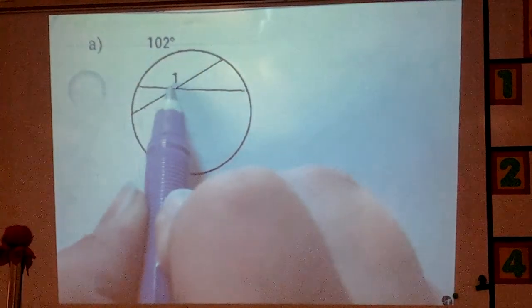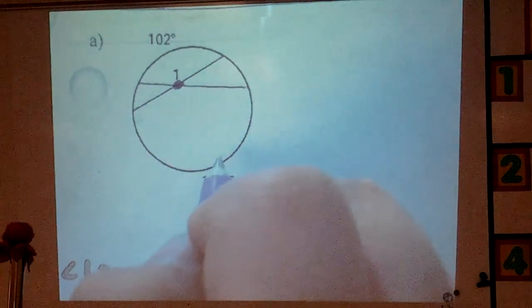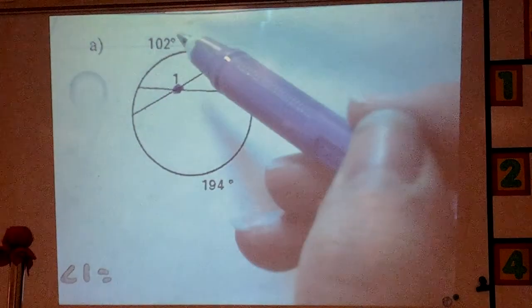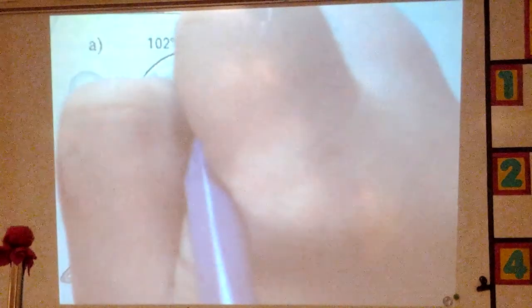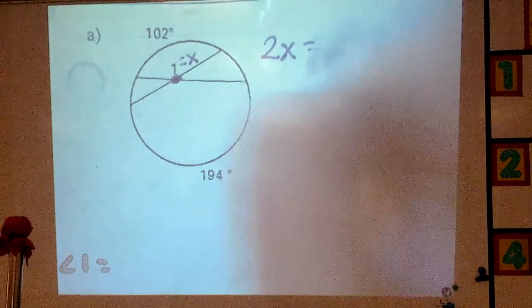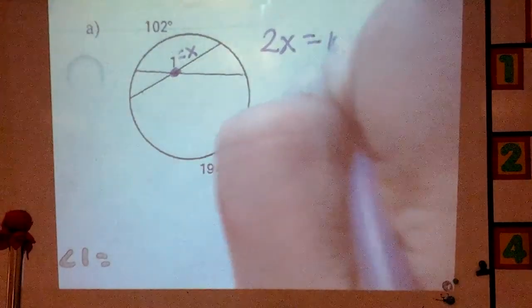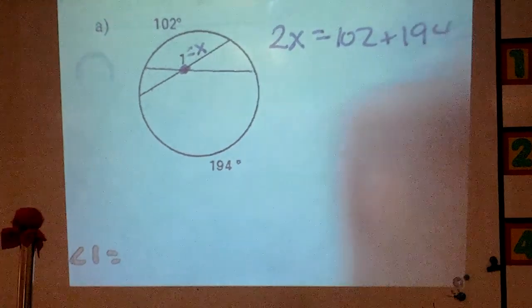So in this problem, the angle I'm concerned about is inside the circle. So that means I need to, let's just call this x, twice my angle, 2x, equals 102 plus 194.